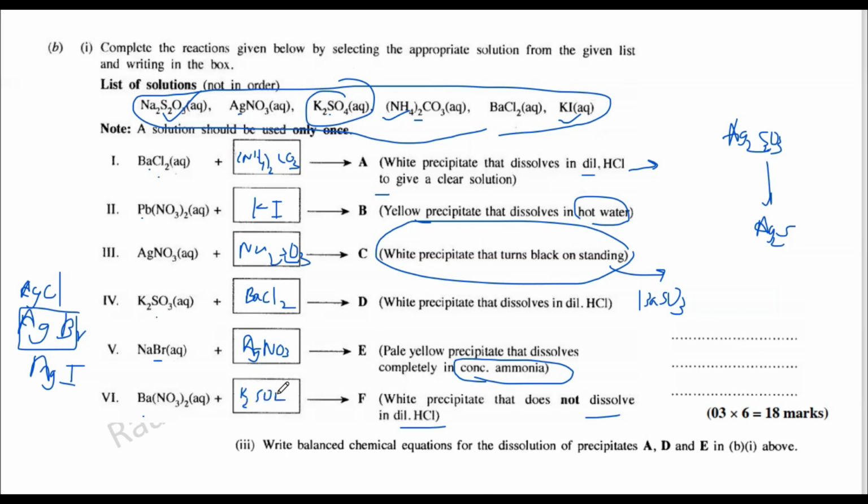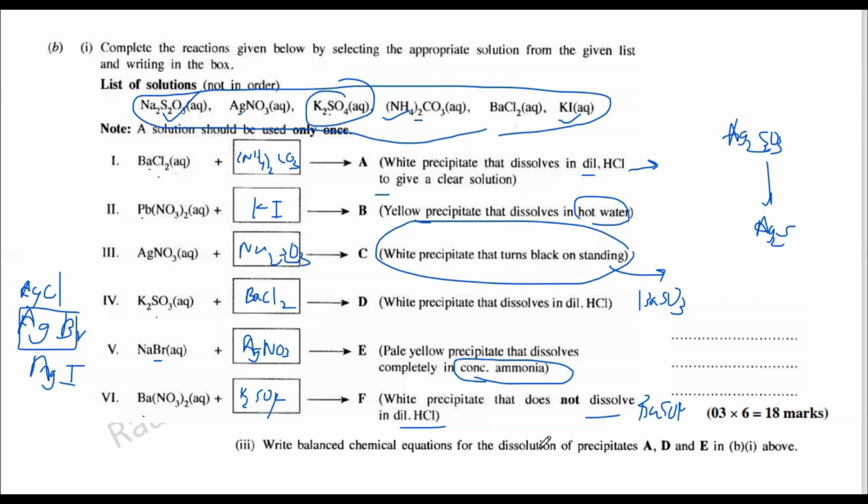So when you add K2SO4, this will form barium sulfate. This is the difference between barium sulfite and barium sulfate. Barium sulfate does not dissolve in acid, even in nitric acid. This one will dissolve. So this is not hard. The inorganic analysis part becomes straightforward.